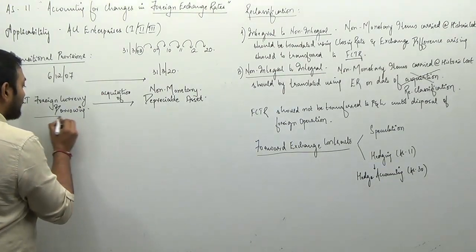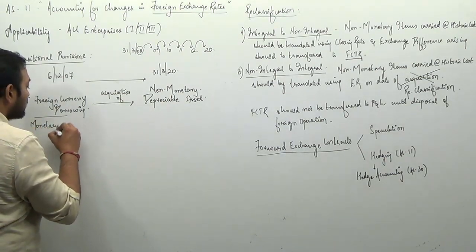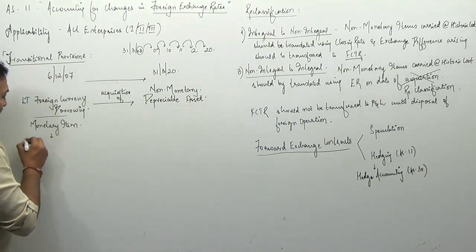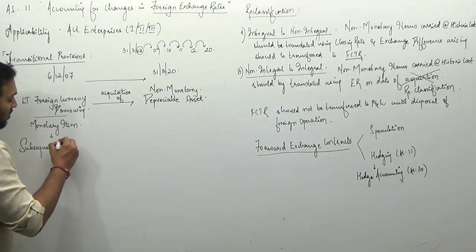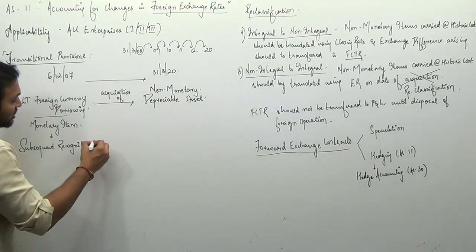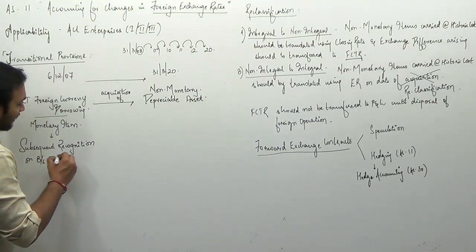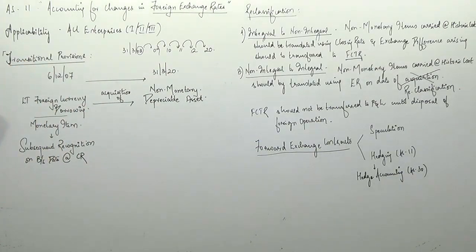This is a monetary item. If this is a monetary item, that means subsequent recognition always on balance sheet date at closing rate. So what happens? Always you observe that the exchange rate is increasing, or let's say even decreasing also.